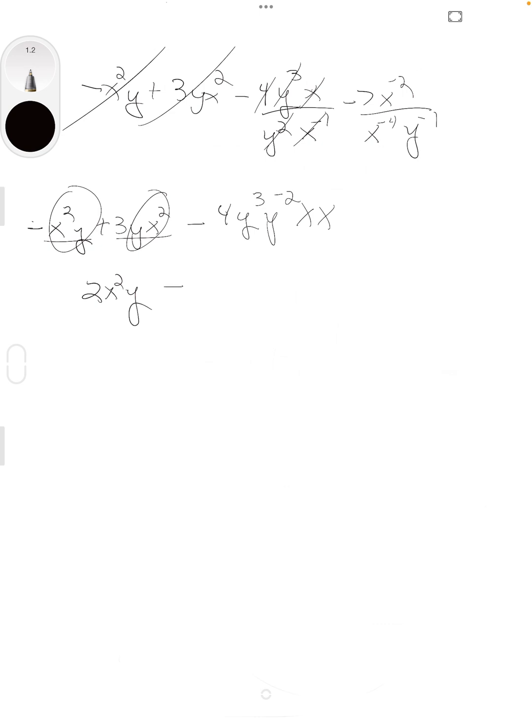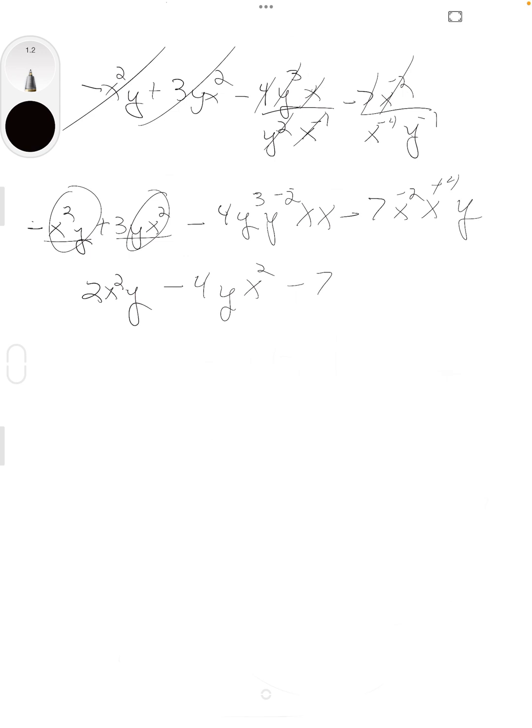So this becomes 4y to the third x squared. Ooh, similar. That's going to work out nice. Minus 7 x to the negative 2. That's 7. That's negative 2. Throw that x up there. Negative 4 is going to be positive 4 if I put it on the top. And then throw this y on top. I get y.